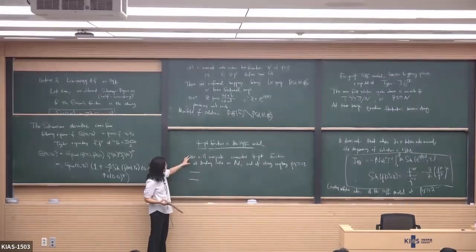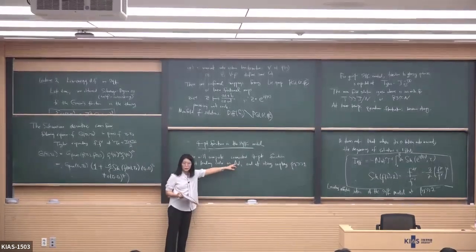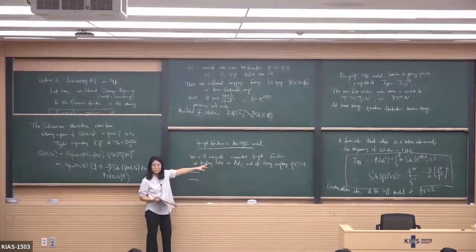So the disconnected 4-point function has a scaling that goes like n to the 0. The connected 4-point function is going to be suppressed by 1 over n. So it goes like 1 over n.